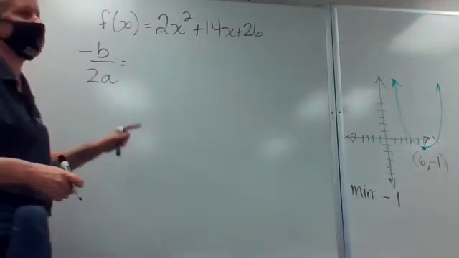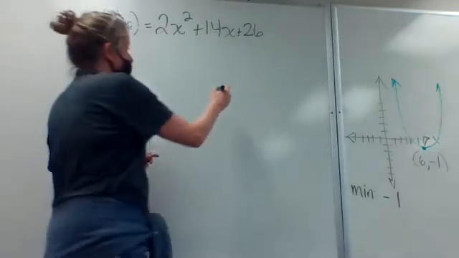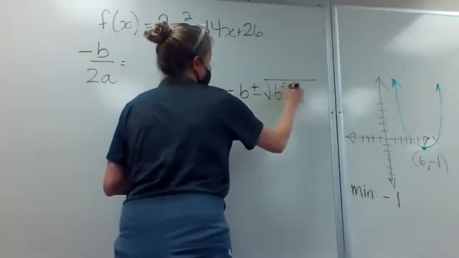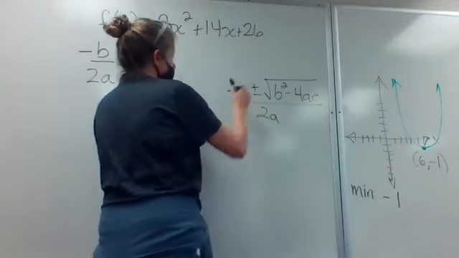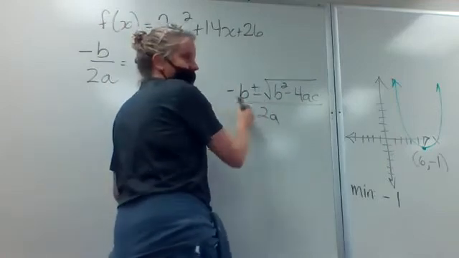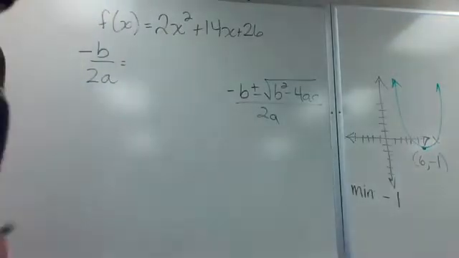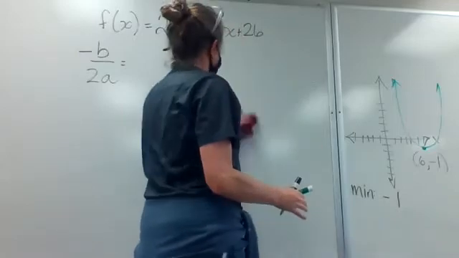And where does this come from? Remember the quadratic formula, which was this. This is where it comes from, right here, the part that is outside of the radical, opposite of b over 2a. This is everything about the quad right here, everything about x squared graphs.